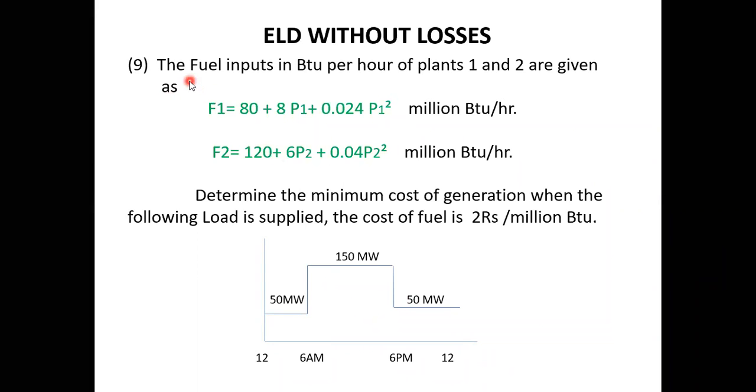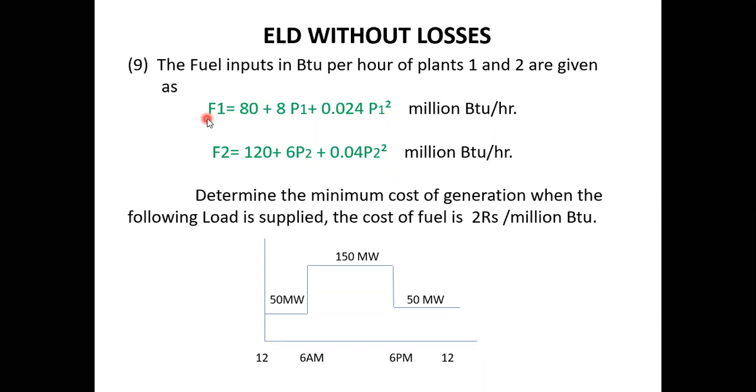So let's see this problem. The fuel inputs in BTU per hour of plants 1 and 2 are given as F1 and F2. Already explained in the fuel cost characteristics, the unit for fuel cost can be represented in two ways. The first one is in terms of thermal units and the second one is in terms of rupees. Here BTU means British thermal unit, means in terms of heat.